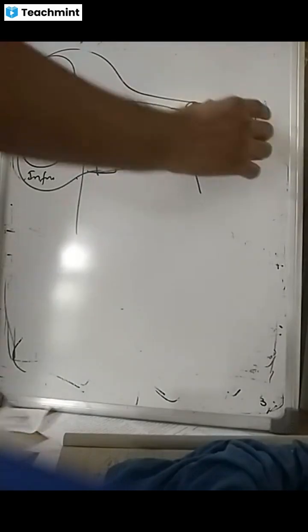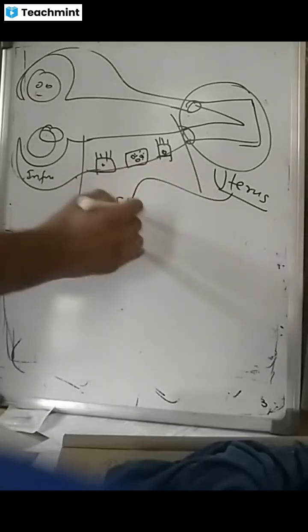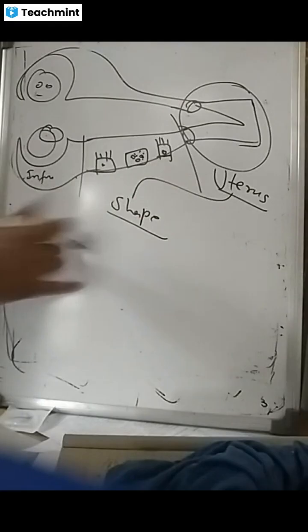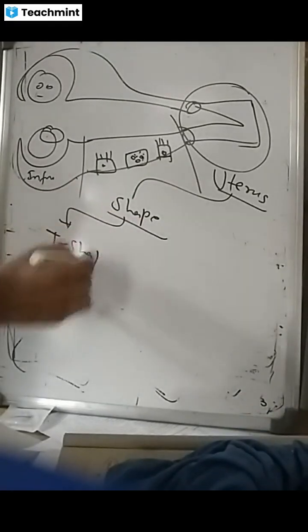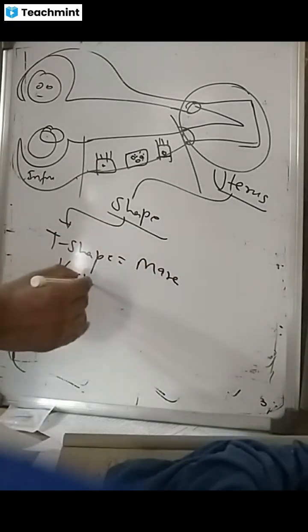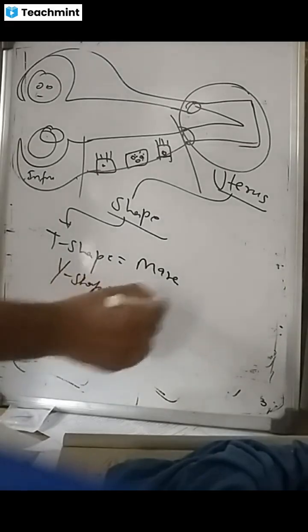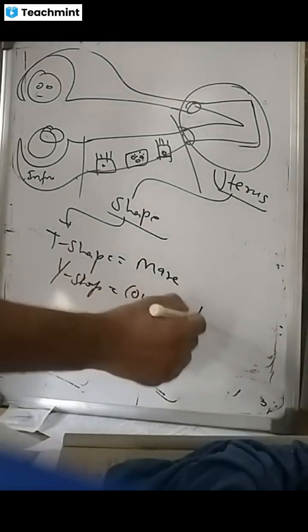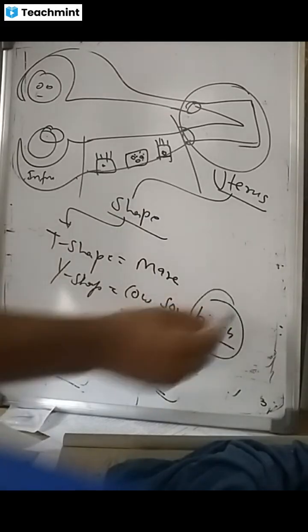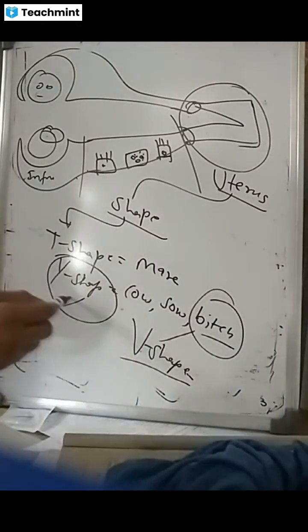Now the uterus. Here is the shape of the uterus. T shape. In case of pig, the Y shape is more.